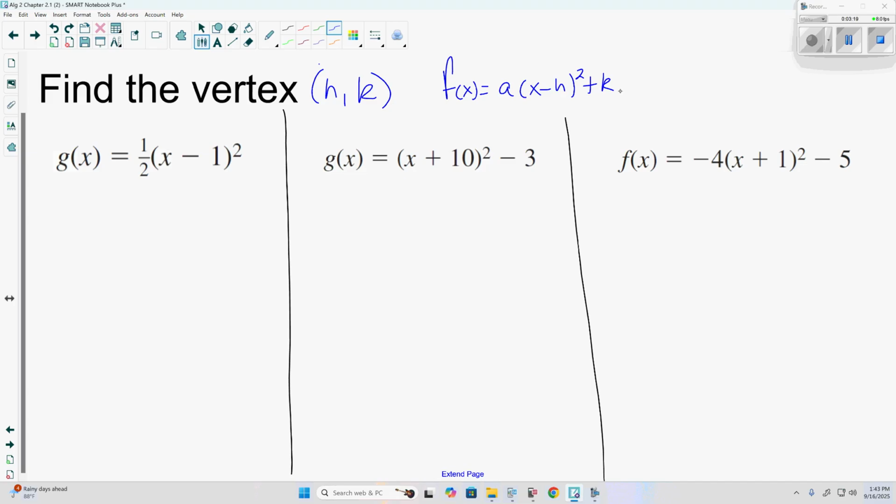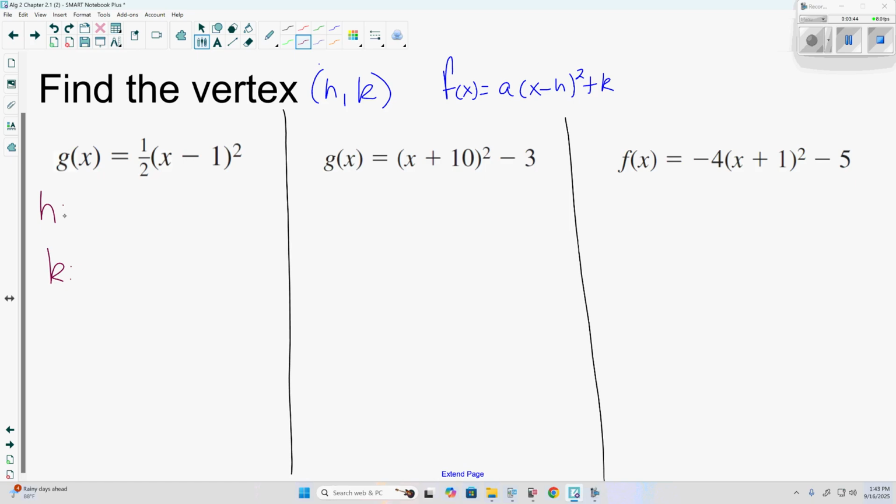What we're looking at is g of x equals 1/2 times (x minus 1) squared. So what we need to find first is the values of h and k, because once we have the values of h and k, we have the vertex. We just have to plug it in.